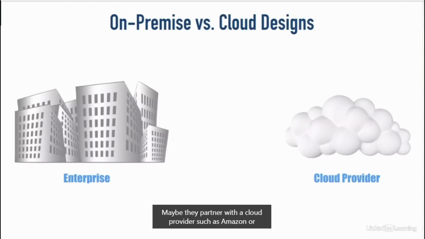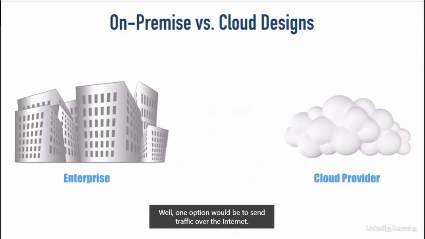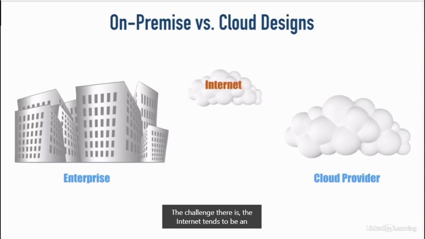Maybe they partner with a cloud provider such as Amazon or Google or Microsoft, and they use those virtual servers up in the cloud to store their resources. One design question that comes to mind if we do move to the cloud with our data is, how do we access that data securely? Well, one option would be to send traffic over the internet. The challenge there is the internet tends to be an untrusted network.